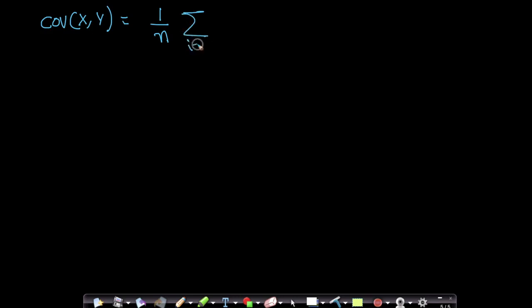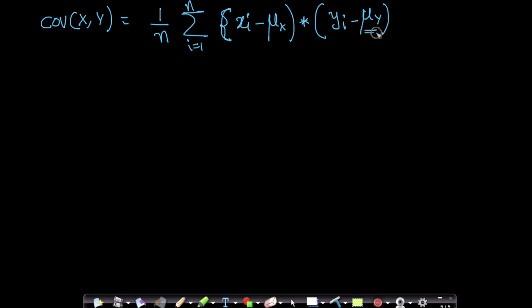Then the covariance is nothing but the average value of xi minus mu of x, multiplied by yi minus mu of y. Here, mu of y is the mean of y, mu of x is the mean of x, and you're summating across all i where i goes from 1 to n.